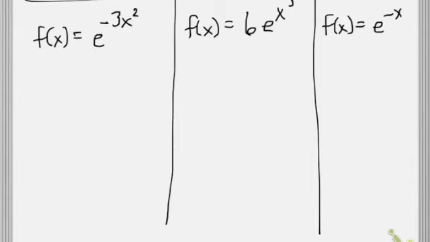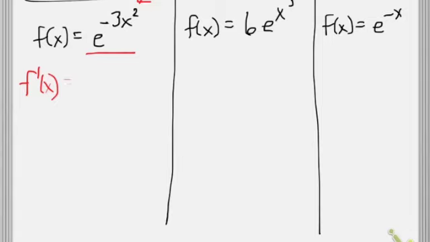Okay, here's a few examples. Let's consider taking these derivatives. So remember what I was just saying with chain rule. First we're going to write what we see, and then we're going to take the derivative of the exponent. So the derivative of this function, e raised to negative 3x squared.